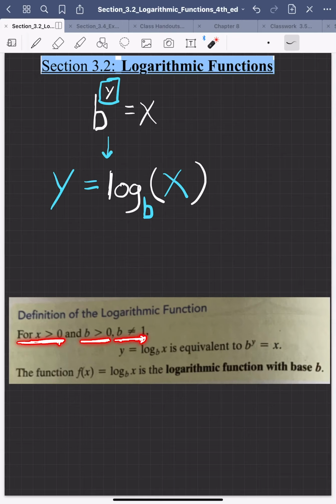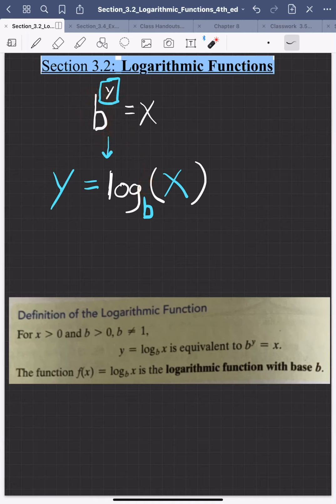And that's familiar, don't you recall that there were some conditions on the base in the previous section? The base had to be greater than 0. The base could not equal 1. Well, obviously, if this base is going to carry its way to the logarithm, then the same criteria applies.